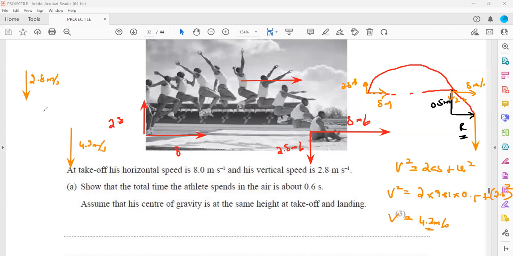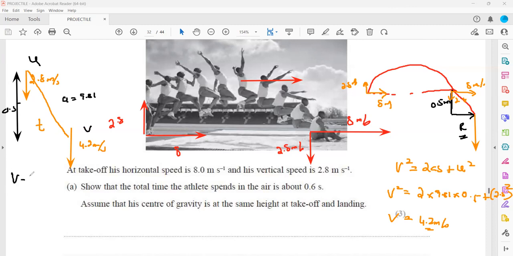So we will find how much time it will take, and the vertical distance which is fallen is 0.5 meter. And the acceleration is due to gravity, which is 9.8. So we have the initial vertical velocity, the final vertical velocity, and acceleration, so we can find time.